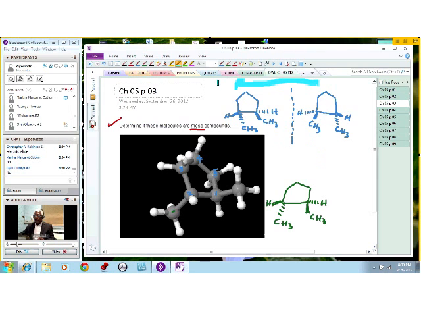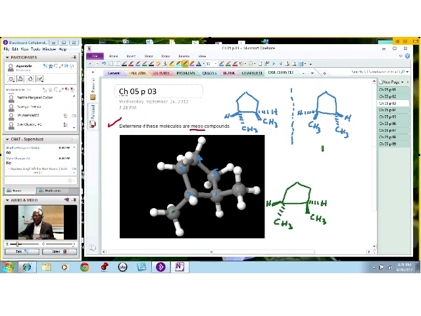On the other hand, you could also rotate the molecule in a 180-degree rotation on the plane of the paper.